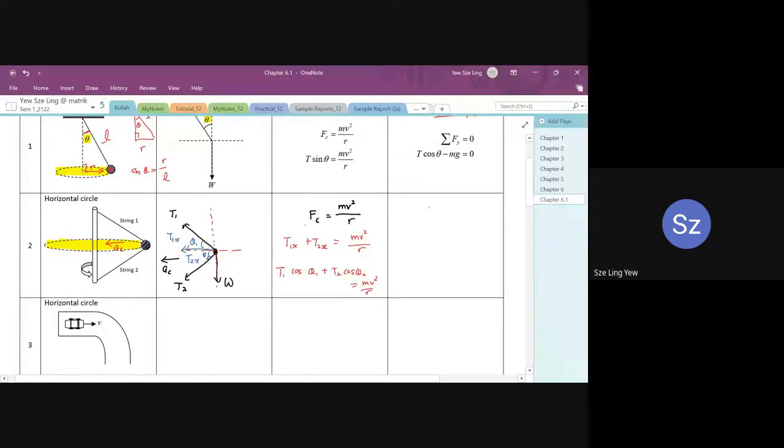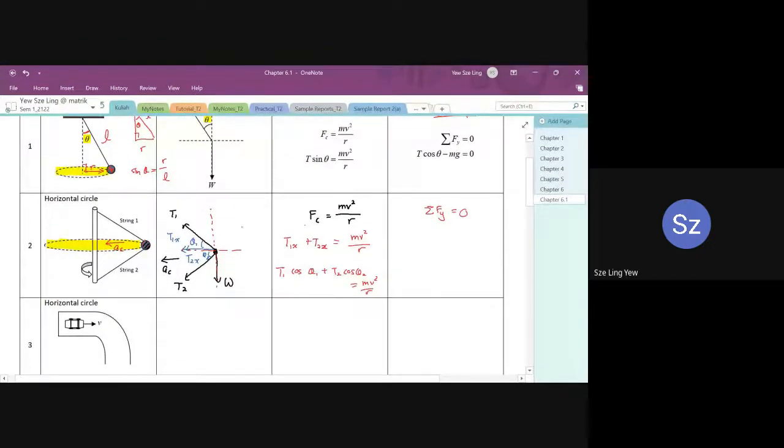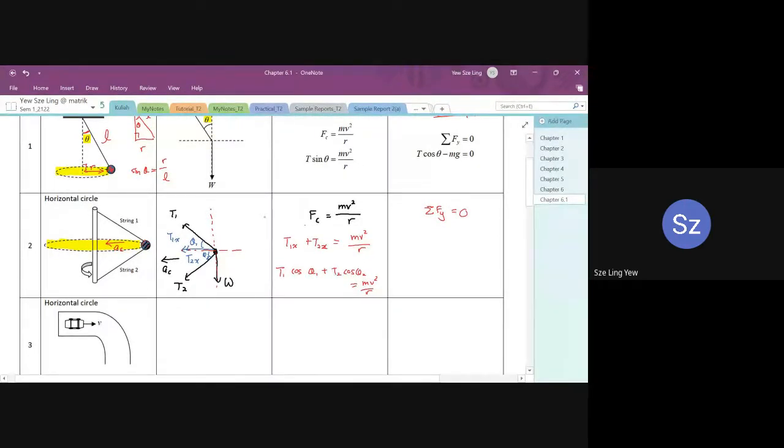Whereas for the y component, the summation of Fy is equal to 0 because there's no centripetal acceleration along the vertical component. Tak ada vertical punya. Therefore, we have summation Fy equals 0. Now you can resolve it.